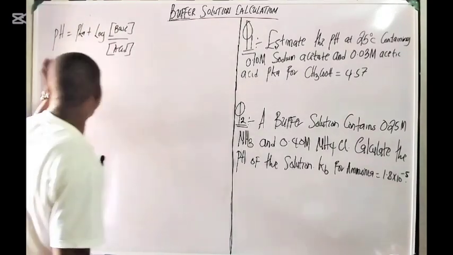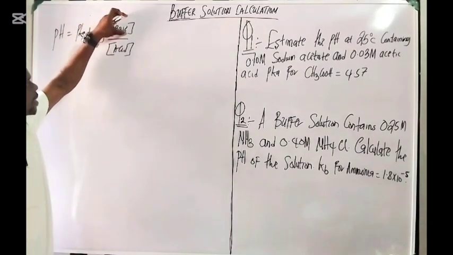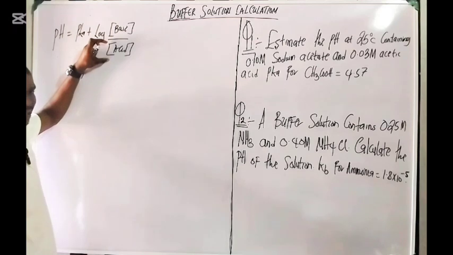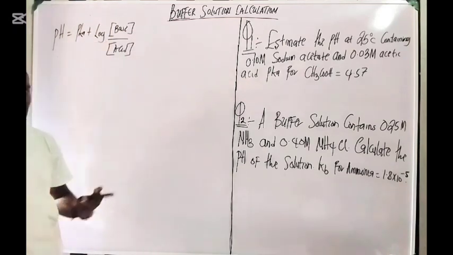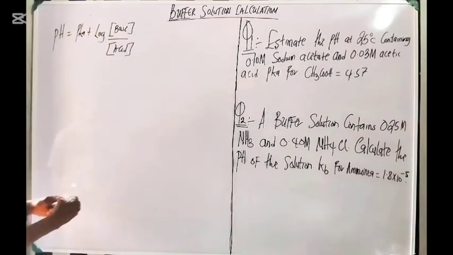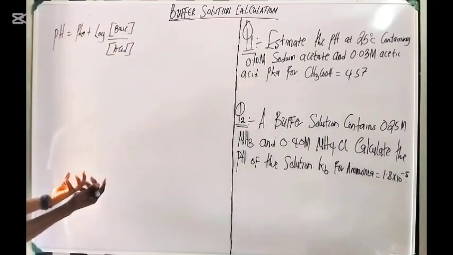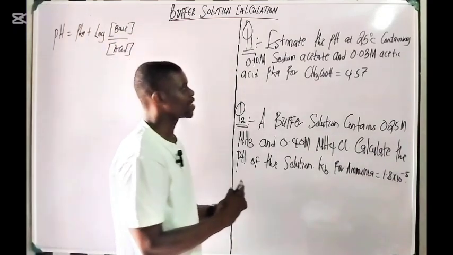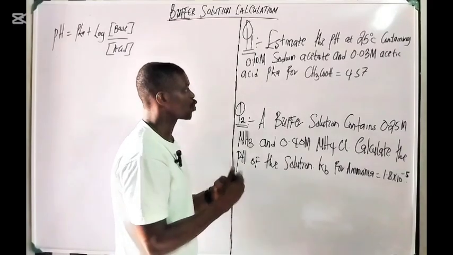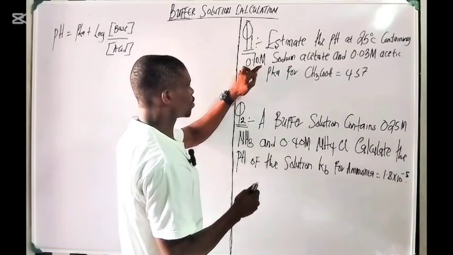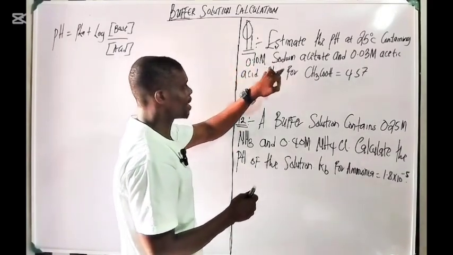Now, here we have the concentration of the base over the concentration of the acid. So when a question is given to you, you need to identify the concentration of the base and the acid. Let's look at this question. They say to estimate the pH at 25 degrees centigrade containing 0.10 molarity sodium acetate.